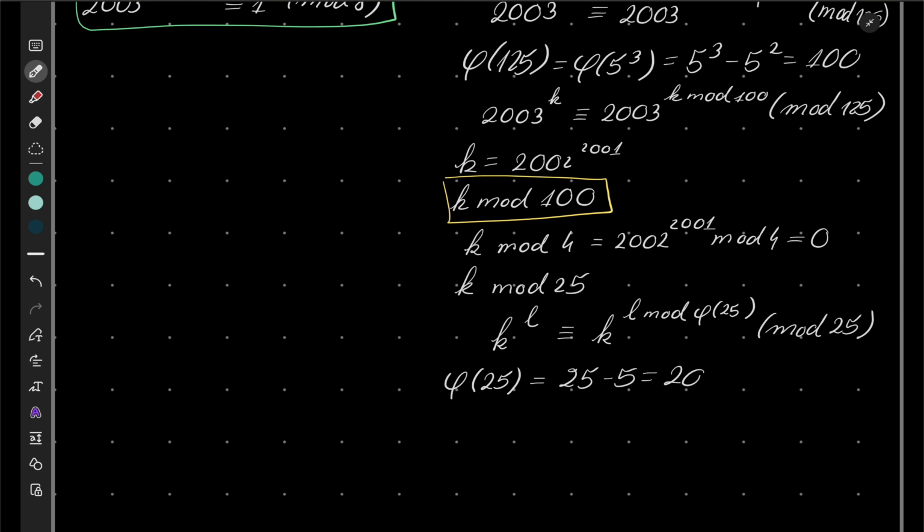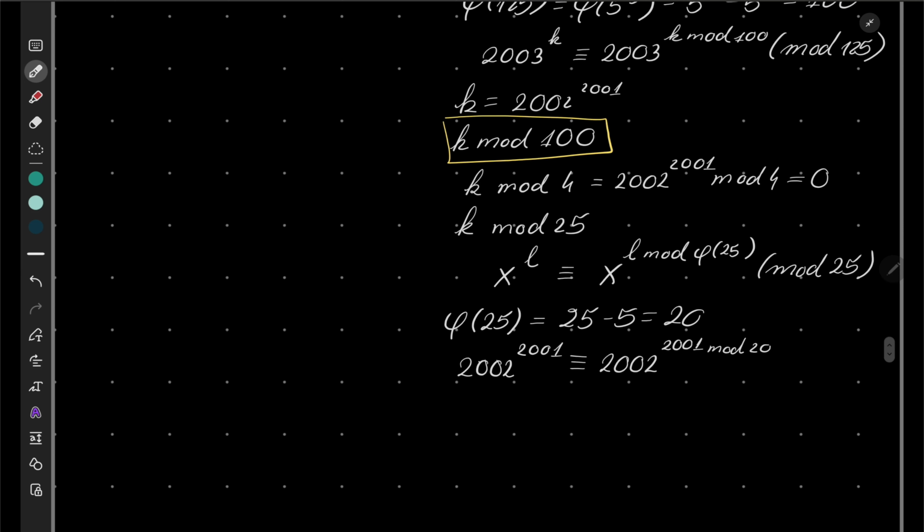So we know that, maybe not write k, because k was already used, let's write x. So 2002 to the power 2001 is congruent to 2002 to the power 2001 modulo 20. What is 2001 modulo 20?